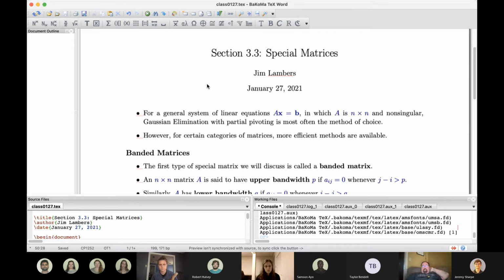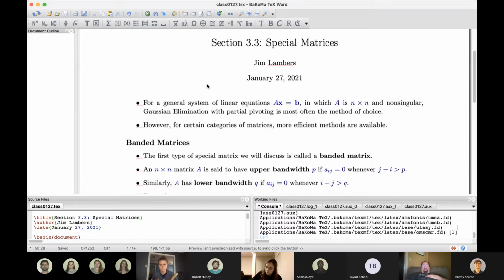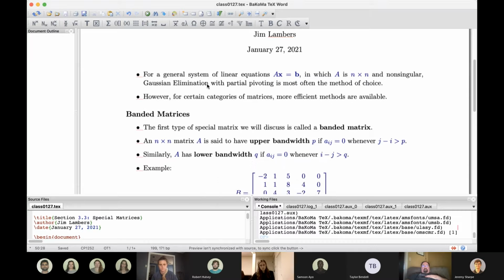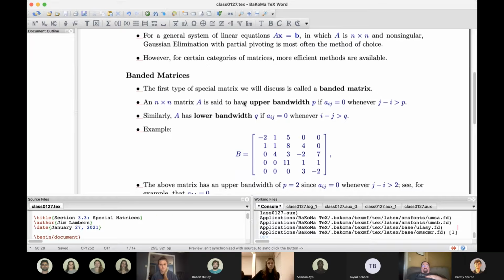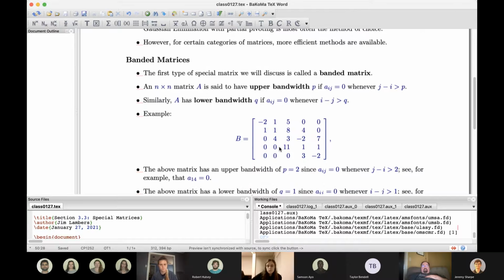One is banded matrices, and then the other is symmetric matrices, and most important, symmetric positive definite matrices. So for these cases, we have specialized methods.